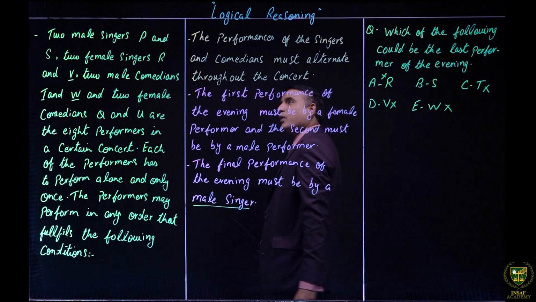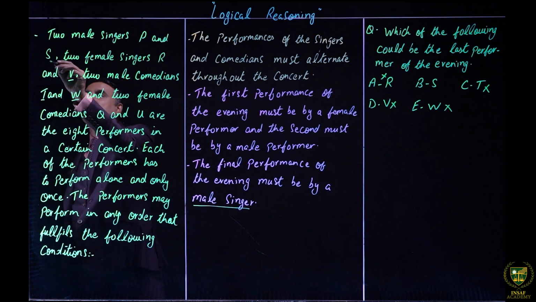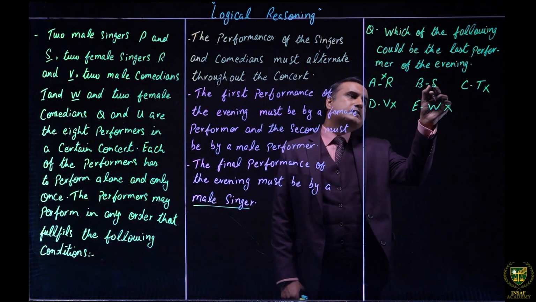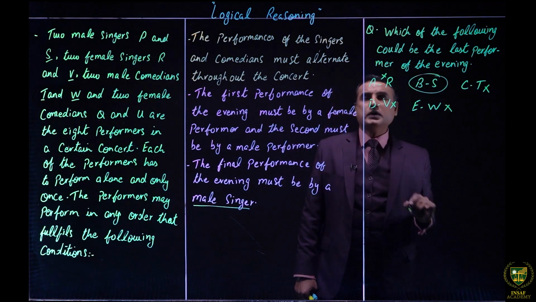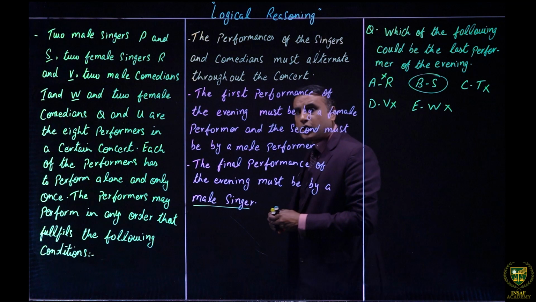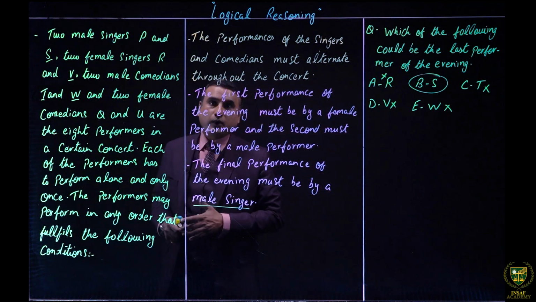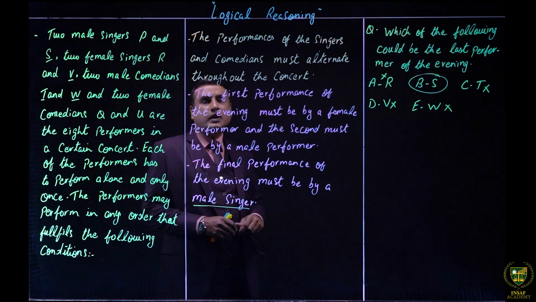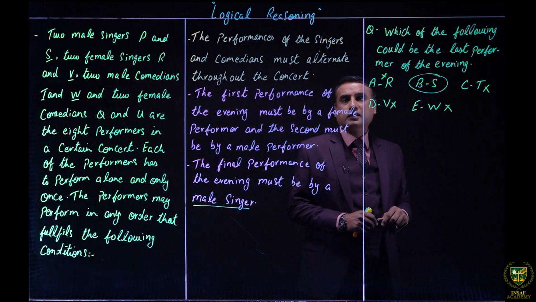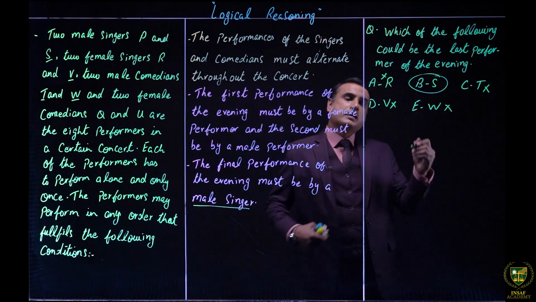Let's look at S. What is S? S is a male singer. So out of these, only S can possibly be the last performer of the concert. Why? Because it is the only male singer we have in that question.